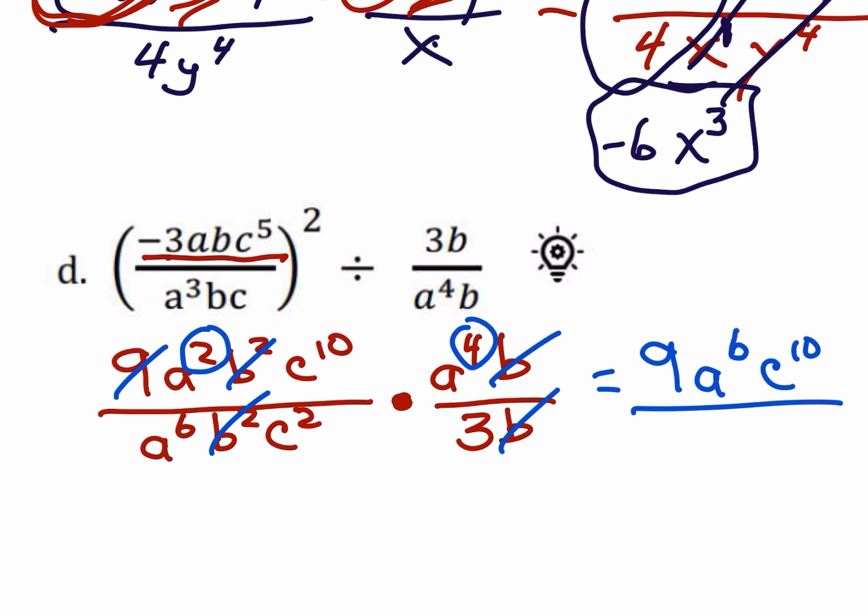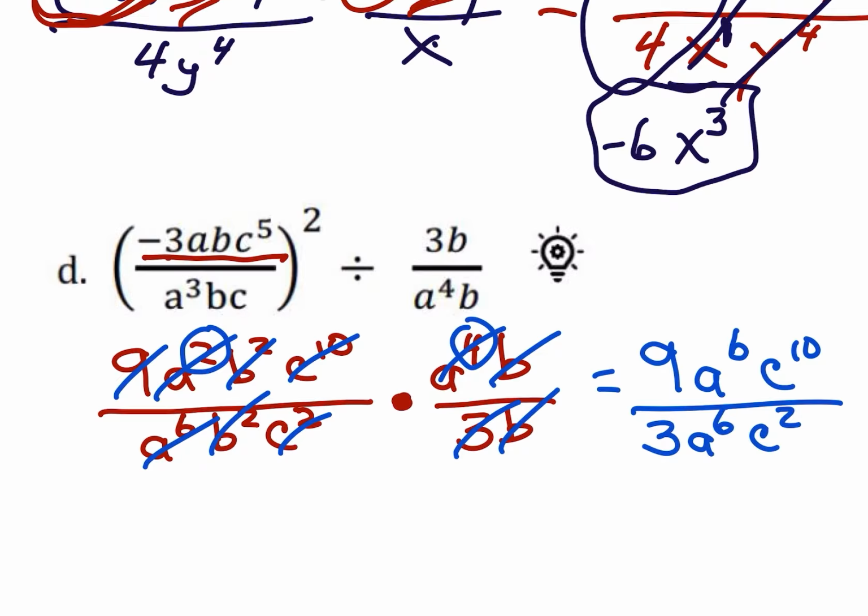And then in the denominator we have 3a squared, a to the sixth, c squared. That takes care of everything down there.